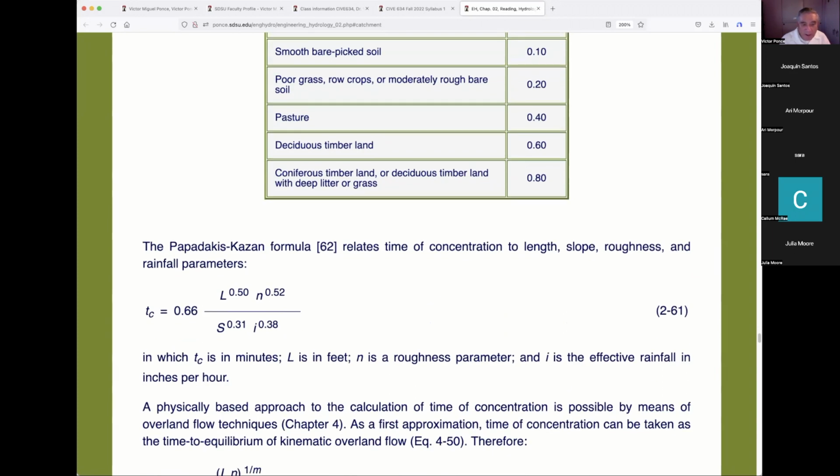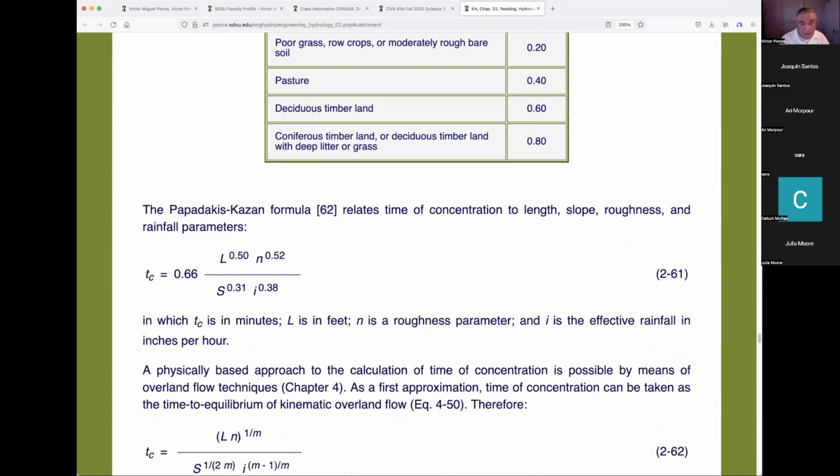Over here, the Papadakis Kazan. Papadakis was a friend. He passed away maybe 10 years ago. Papadakis was a professor over at Colorado State University, and he got together with Kazan, who appeared to be one of his students, and they applied for a couple of years statistics on all the data. They had a lot of data, and they came up with this equation.